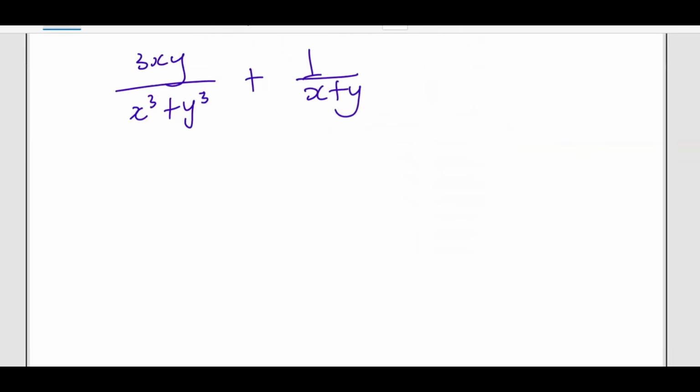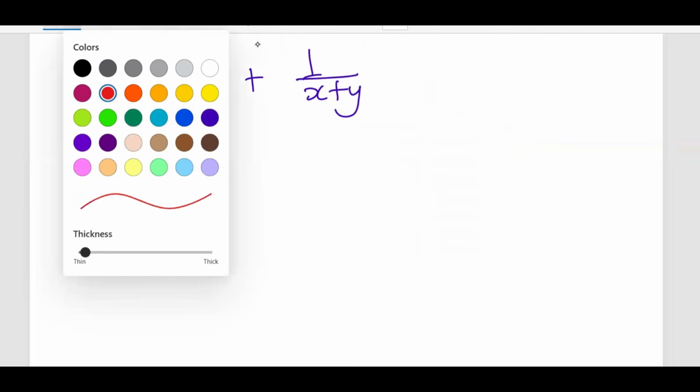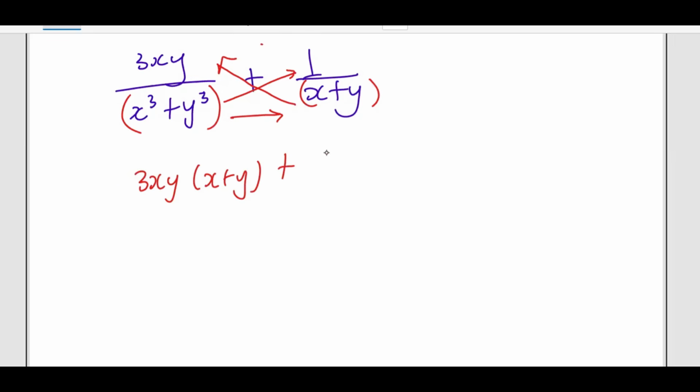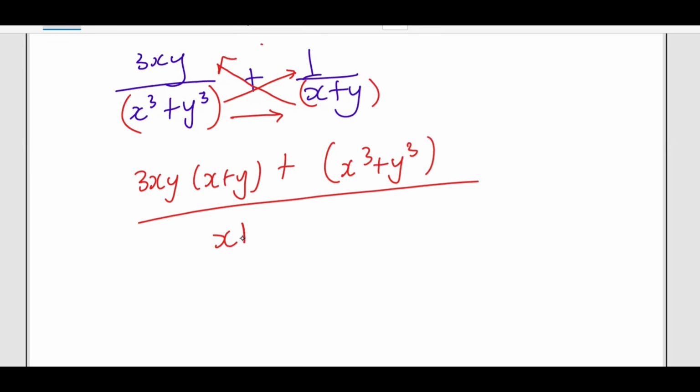So in this case, since we are adding fractions, we need to do the crisscross. So this multiplies with that, that multiplies with this. If you have more than 1 term, put the brackets. So we're going to have 3xy into x plus y, plus x cubed plus y cubed over, I don't need to open this up. I'll just leave it the way it is.